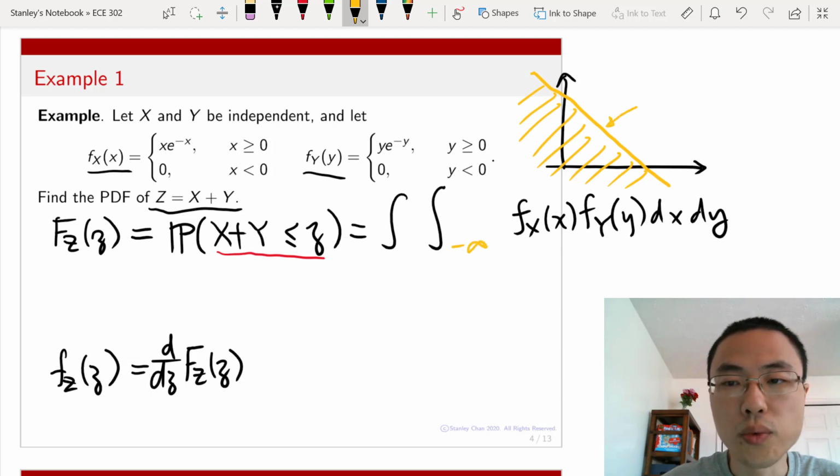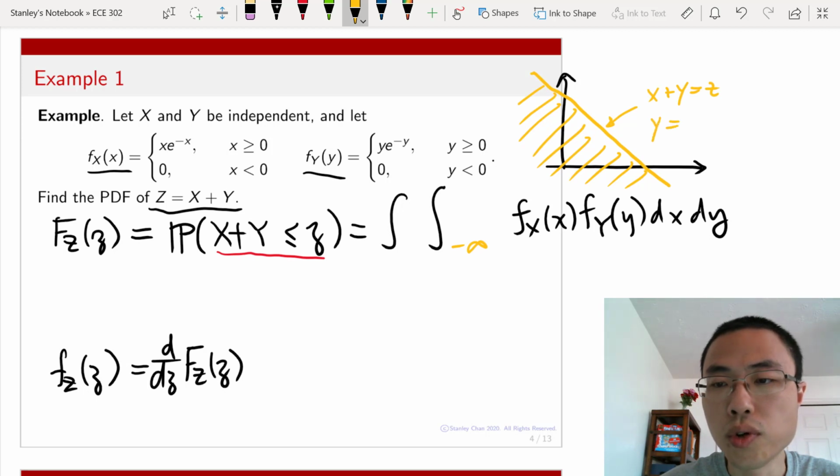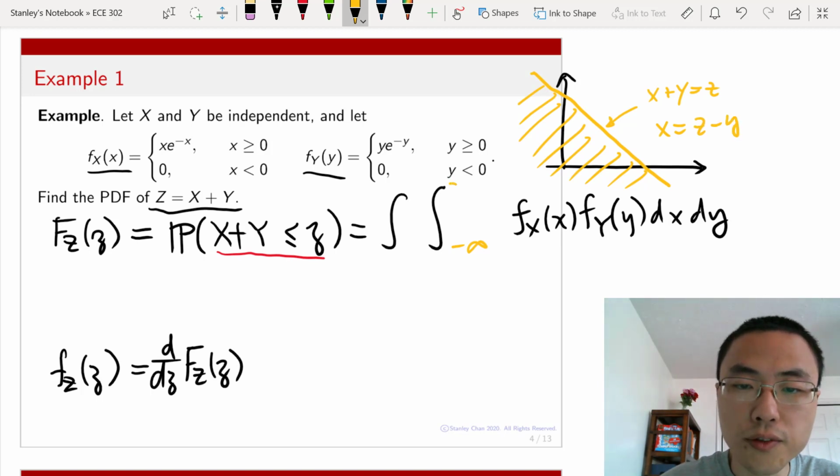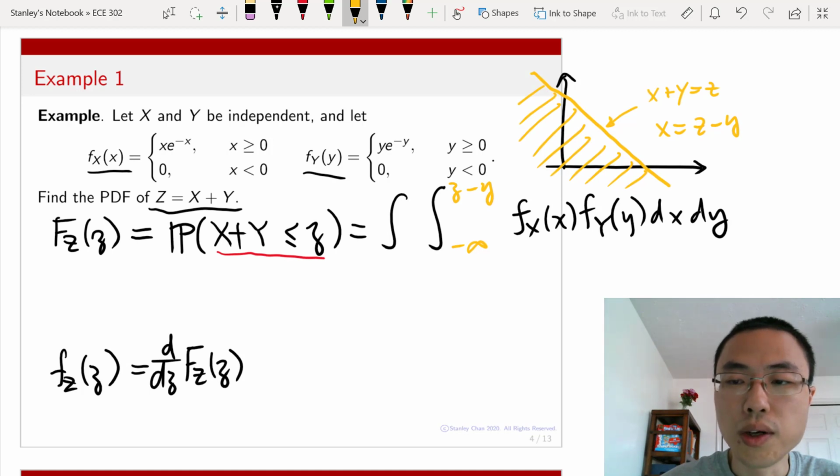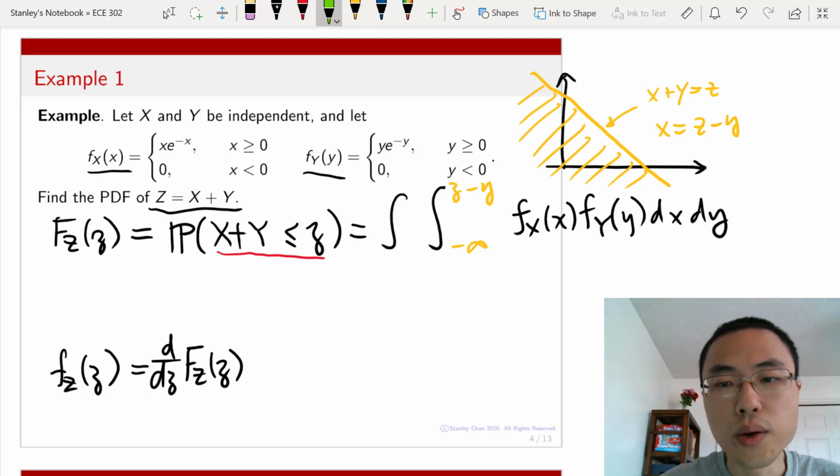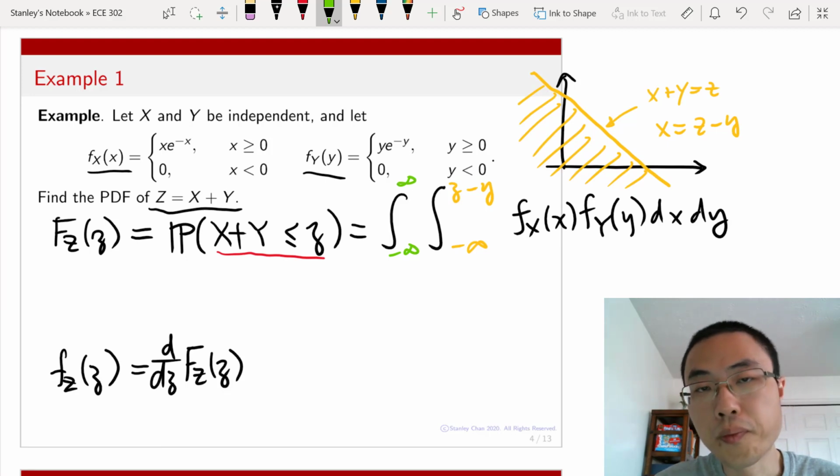This line is x plus y equals z, so x equals z minus y. So you have z minus y over here, and if you want to integrate y, then y will go from minus infinity all the way to plus infinity.